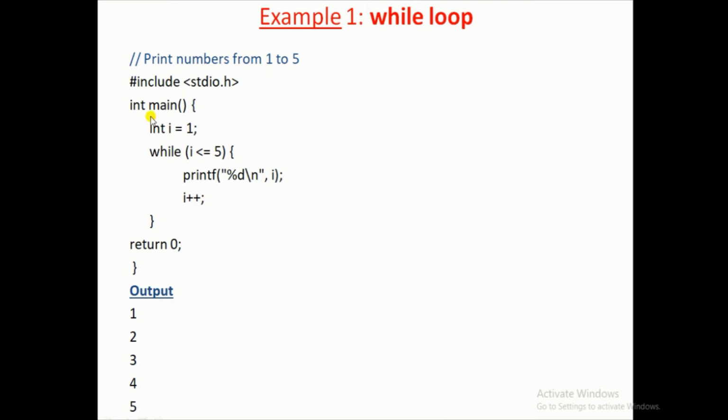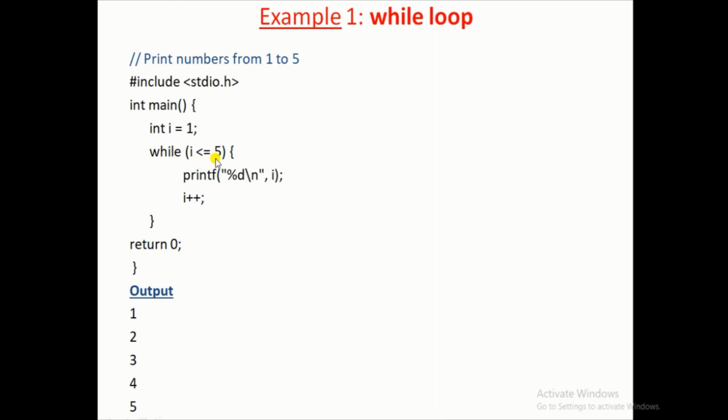So at first we include the header file and we define the main function. Inside main we declare one variable, i, and we assign the value 1. And we put the while loop. After while, inside the parentheses we put the condition i is less than or equal to 5, and we put the curly brackets.